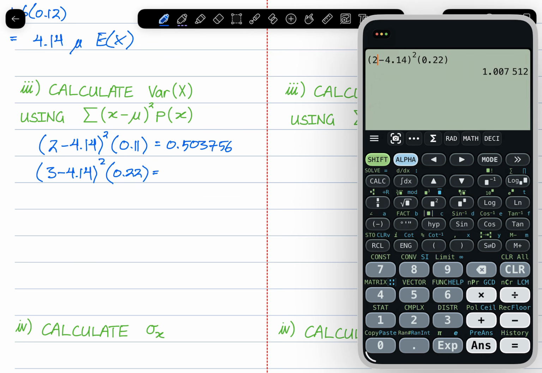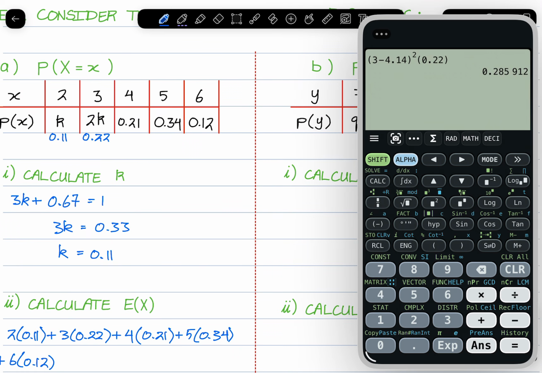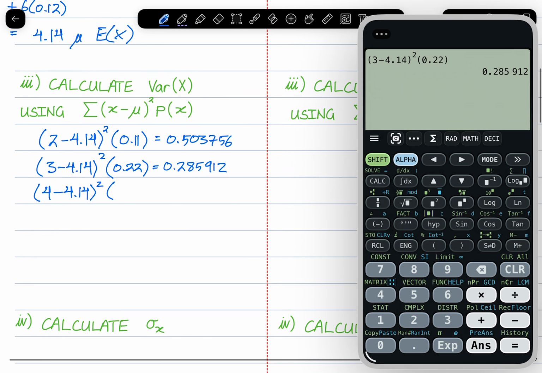We're going to continue this. And I think you understand how to calculate this from this point forward. So 4 minus 4.14, square it and multiply its corresponding probability of 0.21.